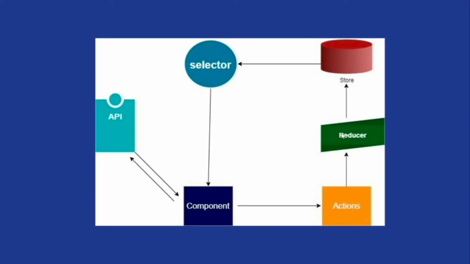So reducers listen for the change in the action. When our component invokes the action and passes some data, the reducer can listen for the change. On receiving the payload, reducers extract the data from the actions and push it into the store or update it in the store.